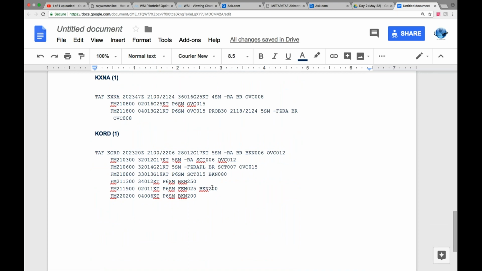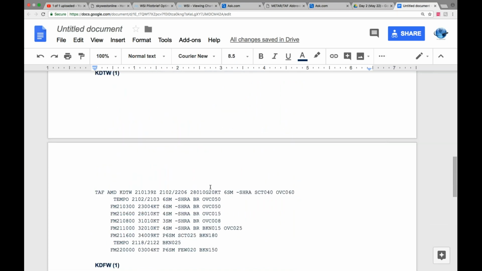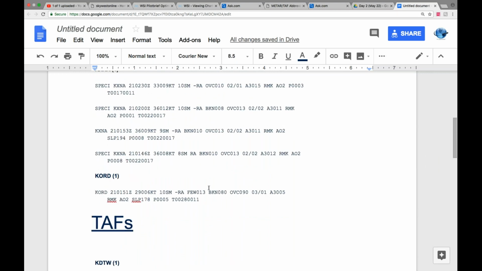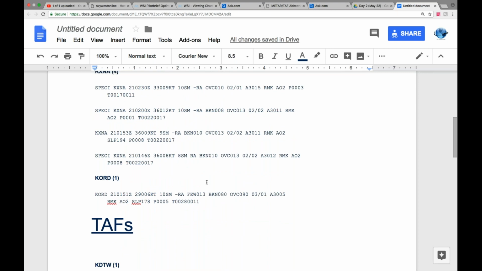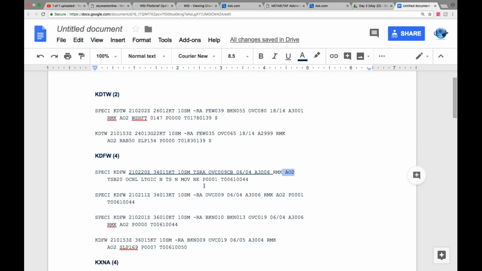So I don't see a whole lot of AO1s anymore. I see more of the AO2s. Not only do I see more, I see way more AO2s than AO1s. It's very rare to see an AO1 anymore.